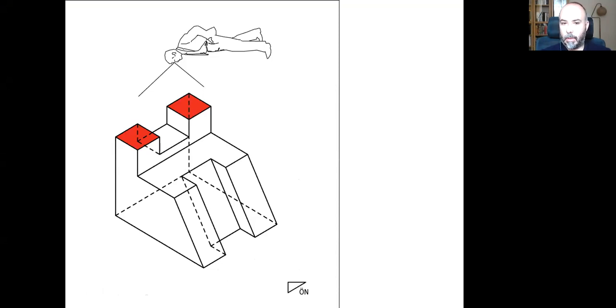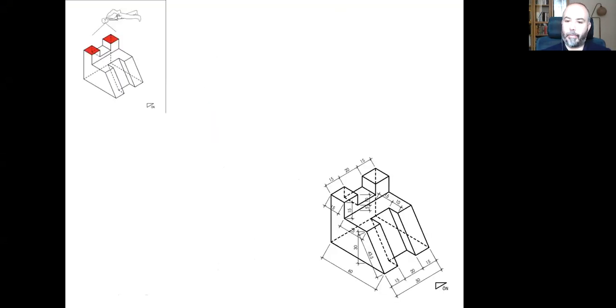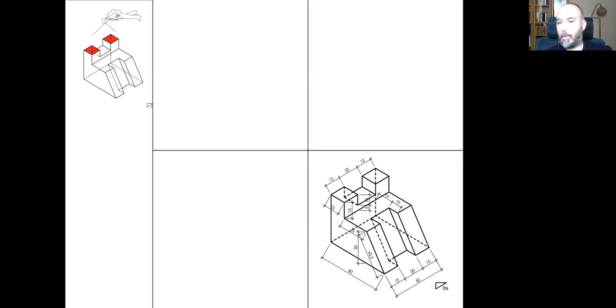So we can start by looking at the object from above, and we can again divide our A4 drawing paper into 4 parts, and we can draw the upper view here, and we will be starting with the closest surfaces.